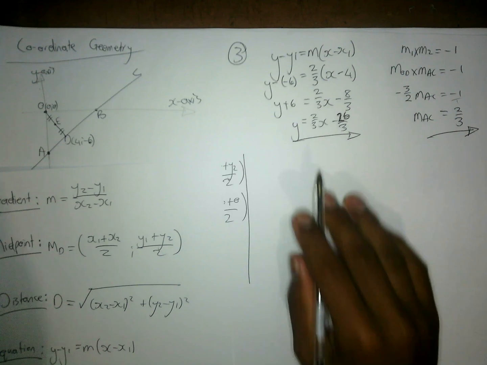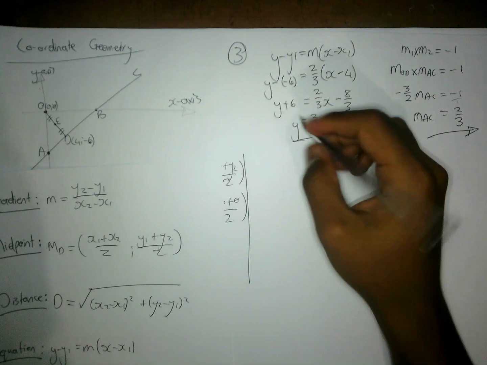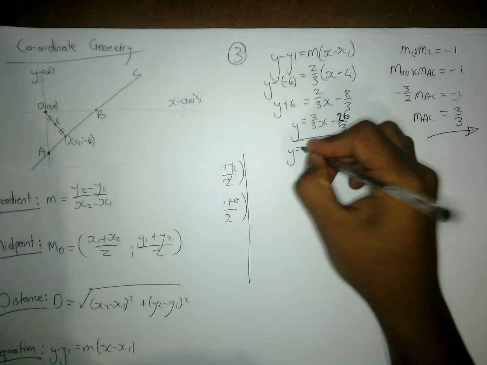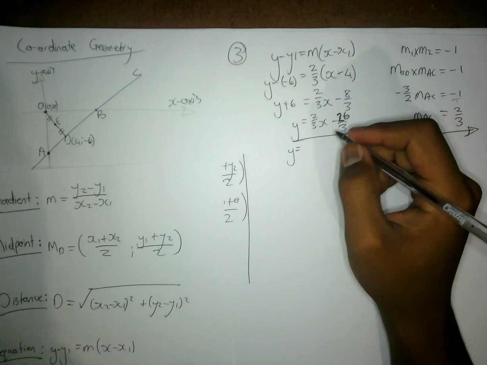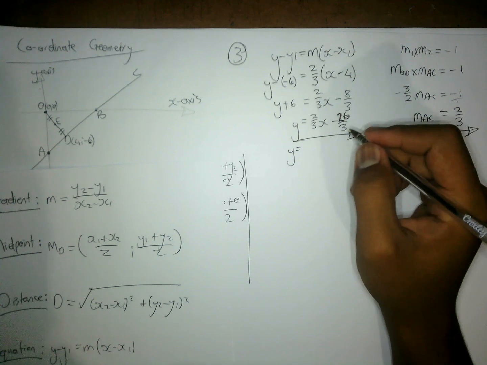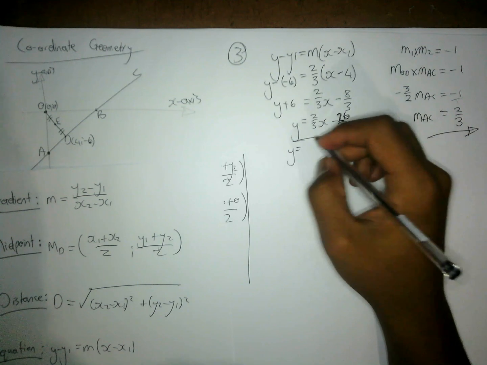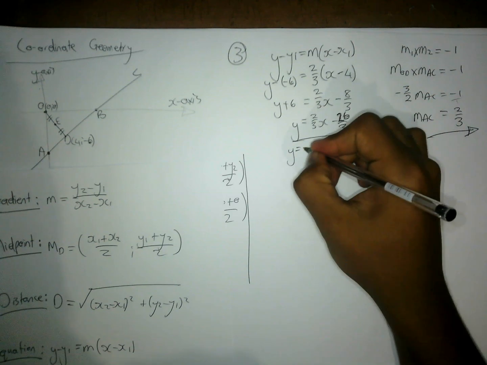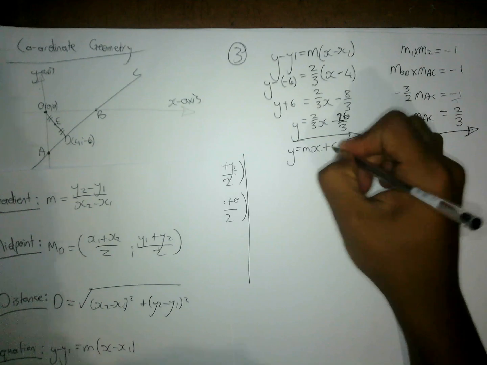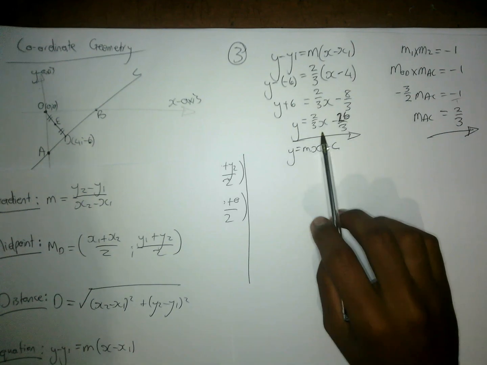So the standard formula for a straight line, does anyone know? Anybody know? The standard formula for a straight line is y equals mx plus c. That's why we have this form here.